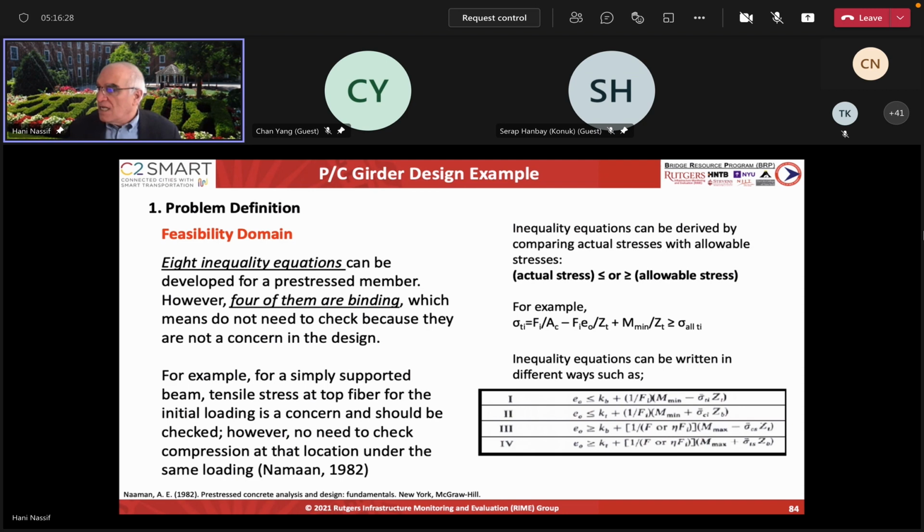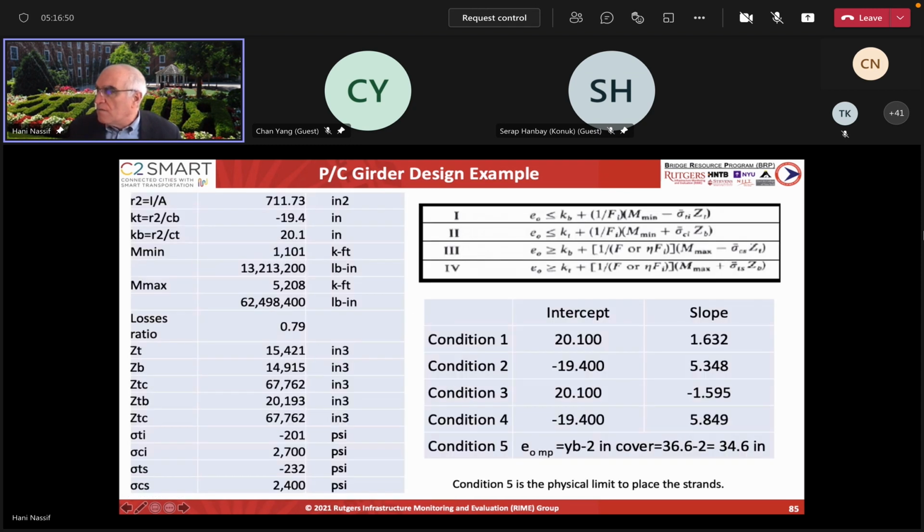So in this instance, if you use all 4 equations, okay, they become like a linear problem where you can solve these 4 equations for a domain where all 4 are satisfied. And that's why it's called the feasibility domain, okay? I think those were done before, but he really elaborated on it.